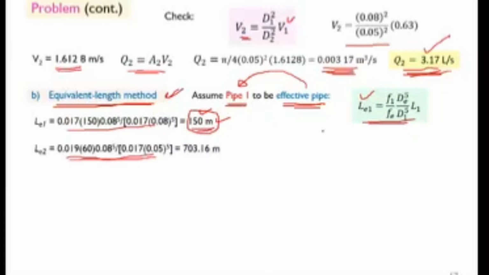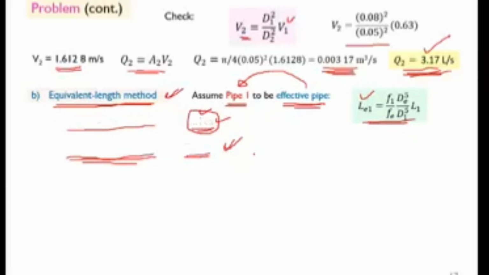This is what essentially we are doing here. Clear? So now when you plug in the values, this LE2 effective length comes out to be 703.16 meter. This should be the length of the pipe in order to cause the same head loss as that of pipe 2.